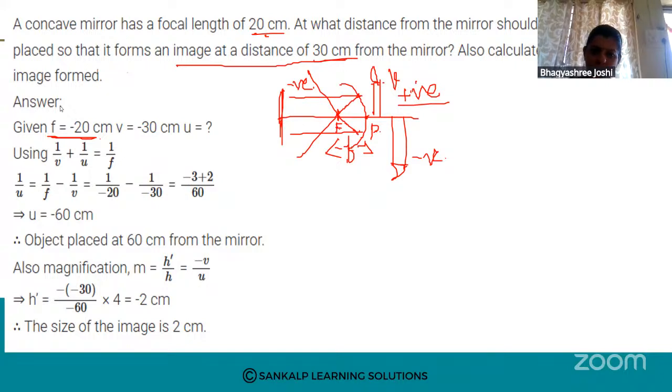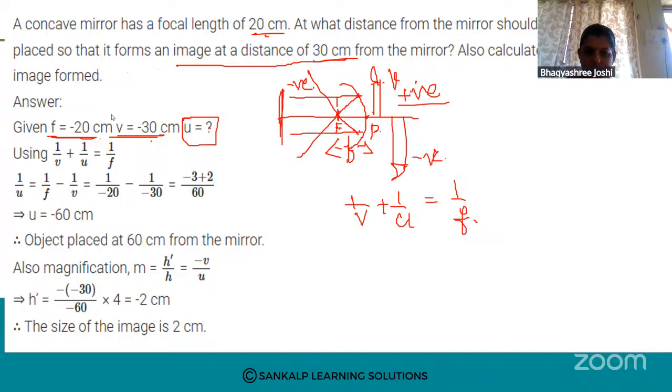So the image distance we know, that is V. V is minus 30 and the object distance we don't know, that is U. Why minus 30? Because the image will form on the left hand side, so that is negative. Therefore, we took it as minus 30. So the mirror formula: 1 divided by V plus 1 divided by U is equal to 1 divided by F. So 1 divided by U we don't know.